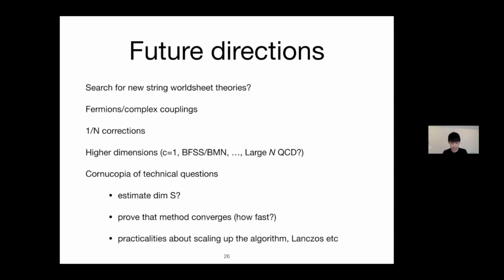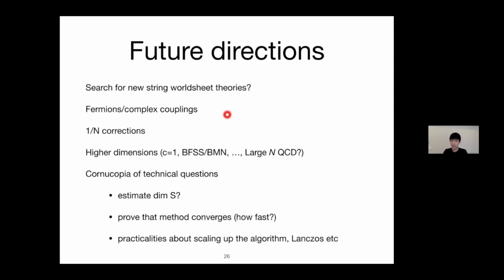Okay, some future directions for this approach. One I've already been emphasizing is searching for new string worldsheet theories, but this is just an application of the approach. There are potentially many other applications. And I would be interested, perhaps many of you have some applications of multi-matrix models that you've encountered that you would like to perform. It'd be interesting to try them out.